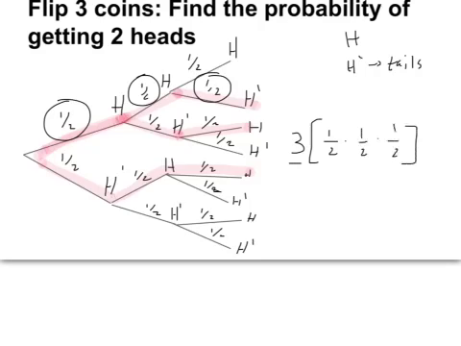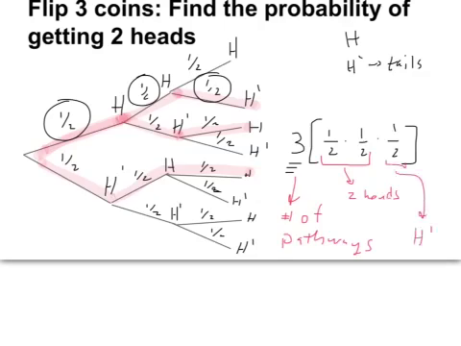And this 3 represents the number of ways that we can get there, so the number of pathways. And for this, 2 of the 1/2 means that's me getting 2 heads, and then this other 1/2 is me getting not a head. Okay, well, let's look at another example of that.